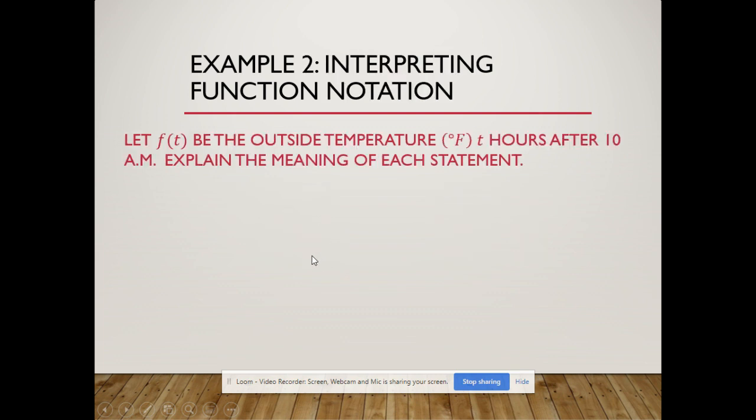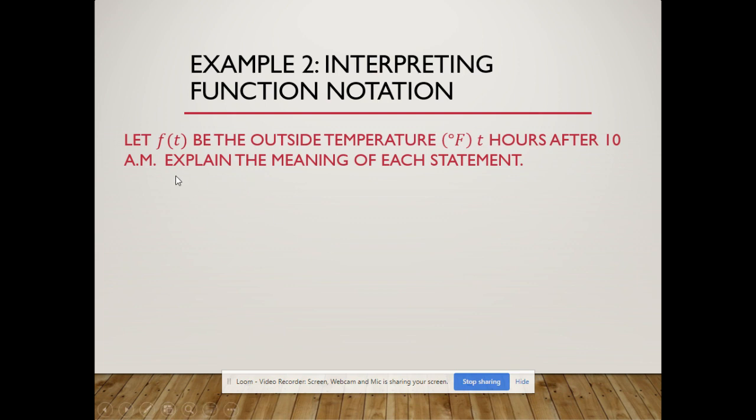Now let's talk about how to interpret it. Okay, all of mathematics exists to explain the real world. I shouldn't say all, but most of mathematics exists to explain the real world. And this is definitely no exception. This is a shorthand, a very quick way of writing something that is much larger.